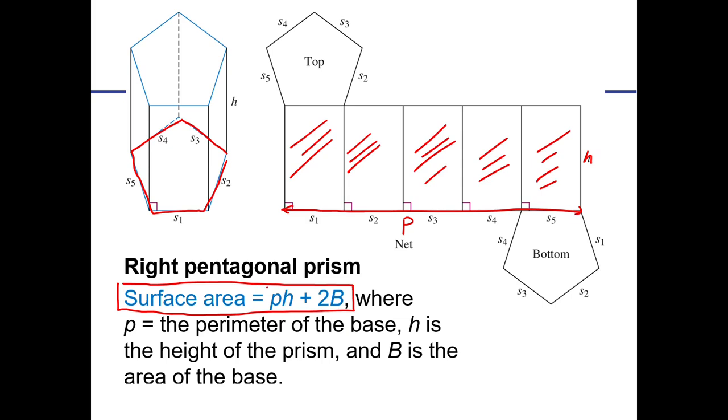That's where the Ph comes from. The B is just the area of the bottom and the top. So that's why there's 2 of them, because we are adding the 2 areas together. So you really don't have to remember the formula, you just have to add up all of the surface areas individually and you will still get the right answer.